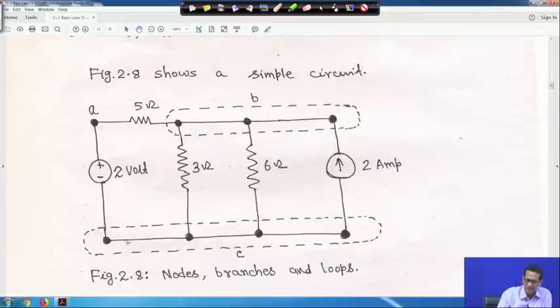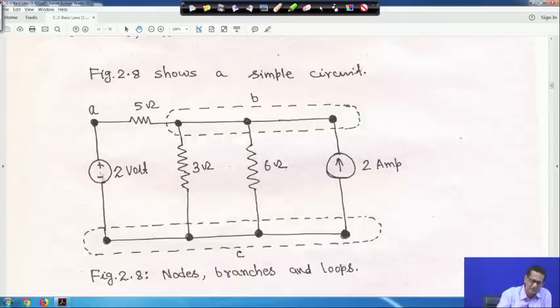And here also these are all wire connections, and wire has negligible resistance. So how many branches, nodes and loops are there? Generally any electrical element is connected across 2 points or 2 nodes, right, across 2 terminals. That means it is a branch.